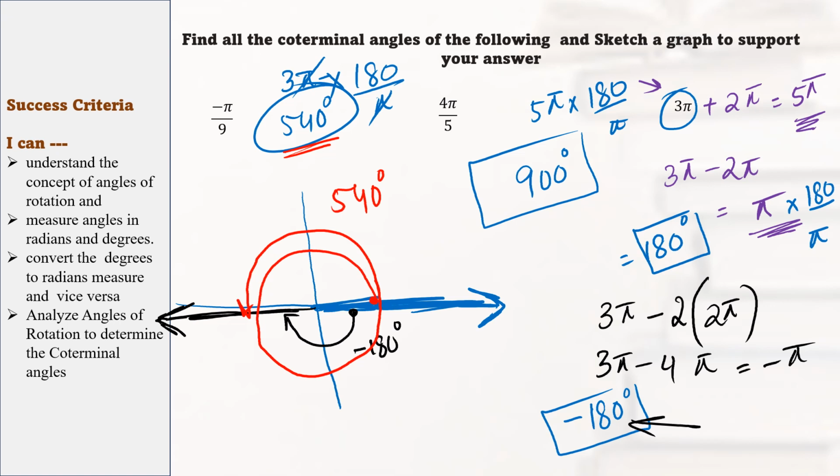The last is 900 degree. 900 degree means two rotations already. So one rotation, two rotations and then coming back to this position, that means 900 degrees. So I hope that the idea of coterminal angles and how we sketch those angles is understood to you. Now if there are some doubts, you just rewind the cassette and then watch the video again.